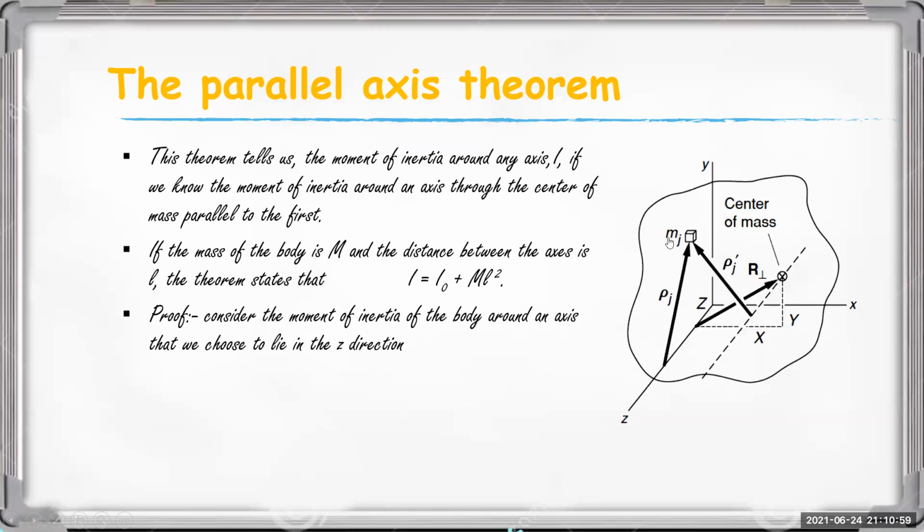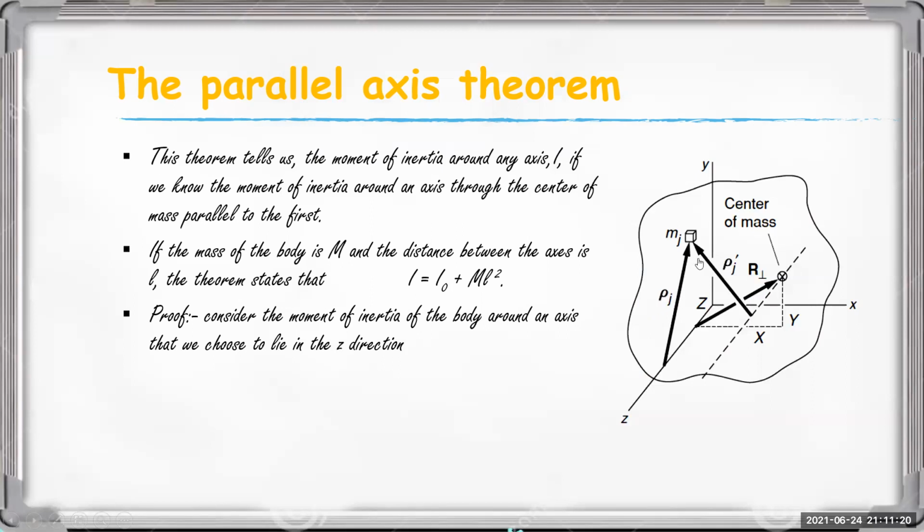Its mass is given as mj, and its perpendicular distance from the z axis is taken as rho j.